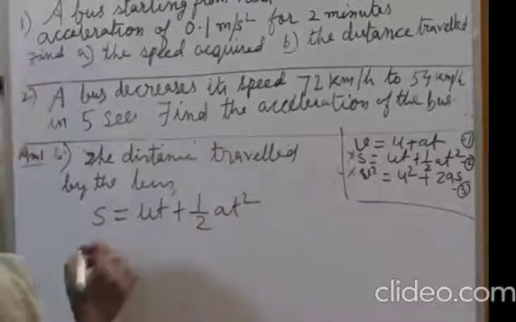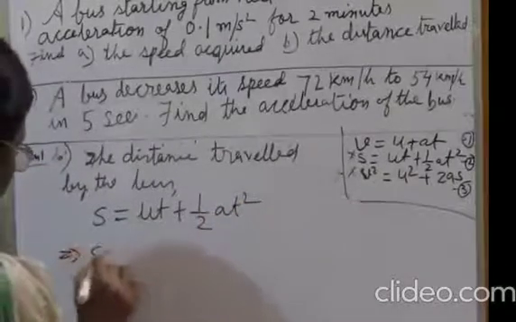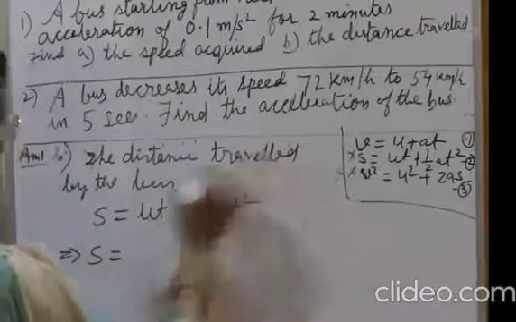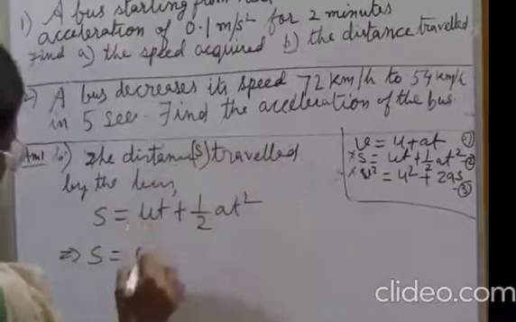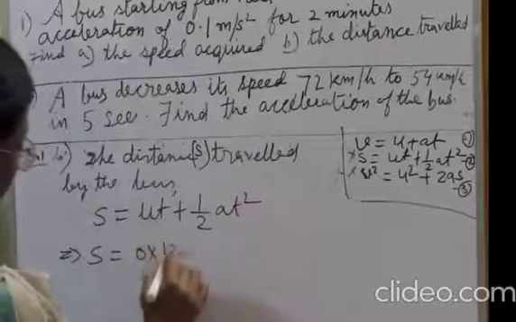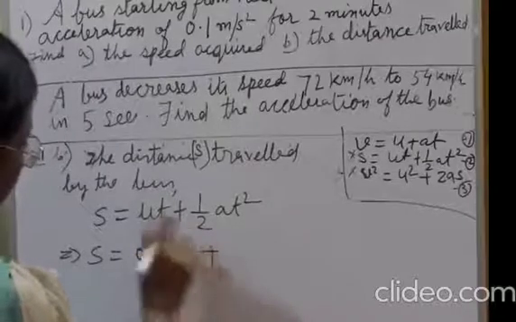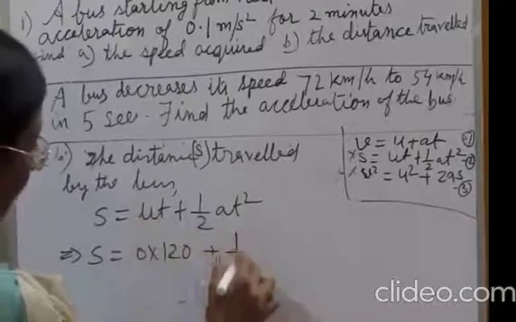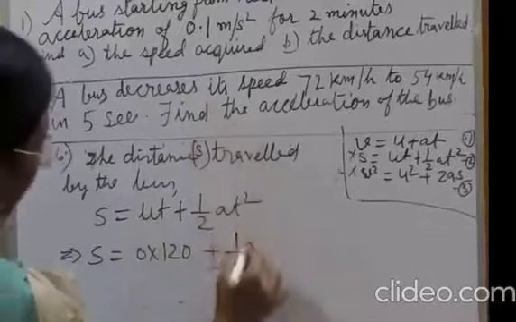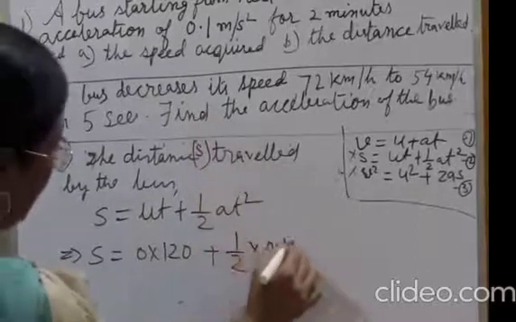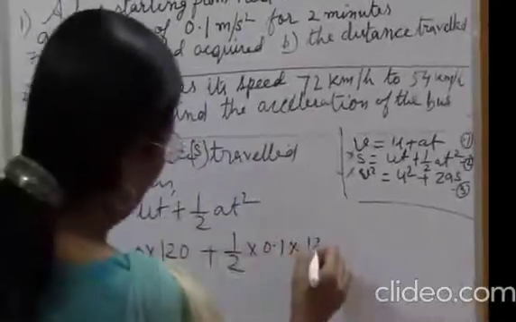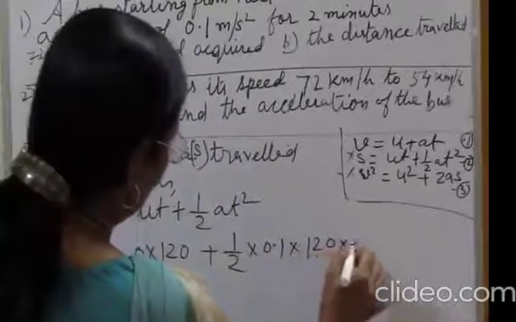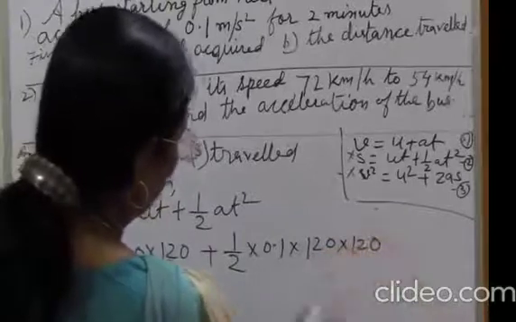Clear? Now s equals ut, u equals 0, so that is 0. t is 120 seconds. Half into 0.1 into 120 into 120.